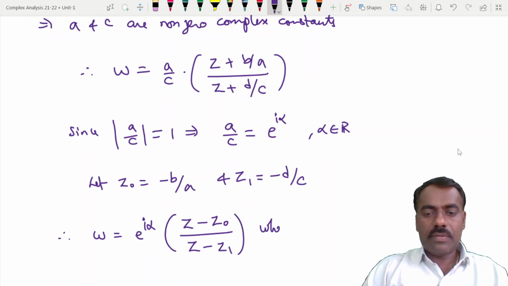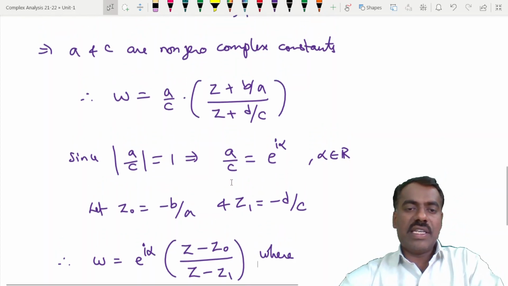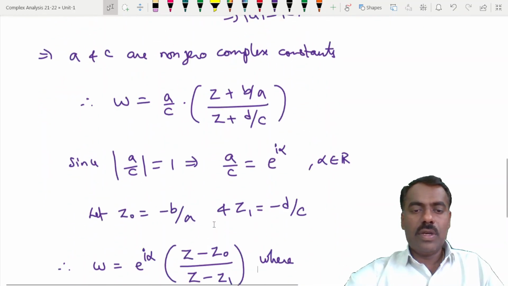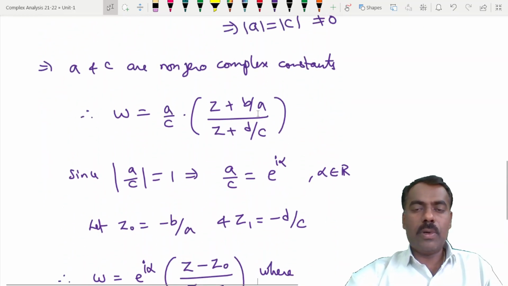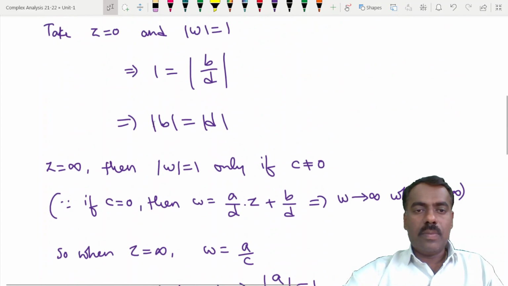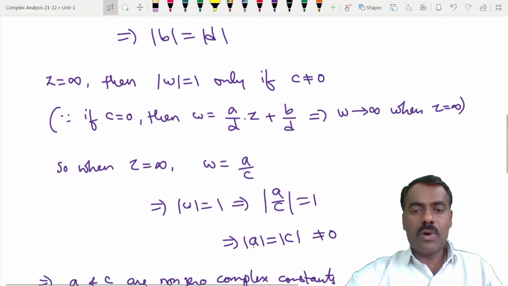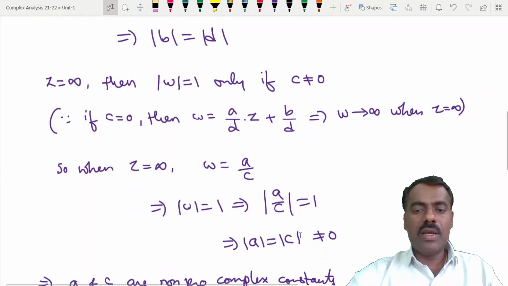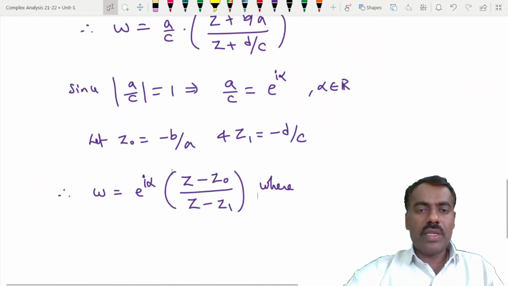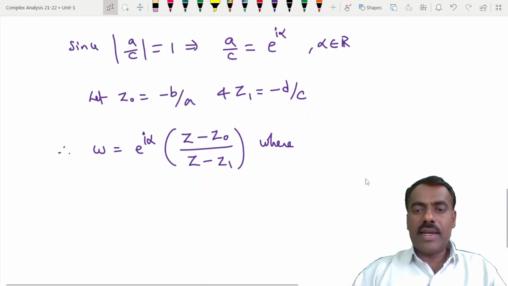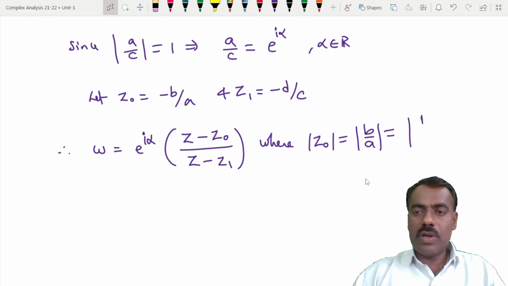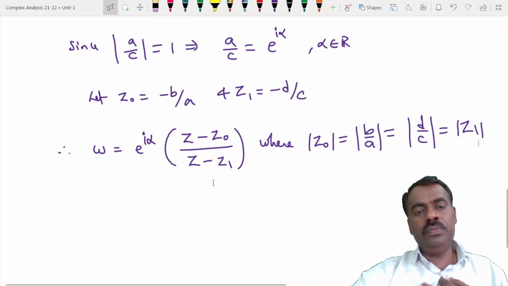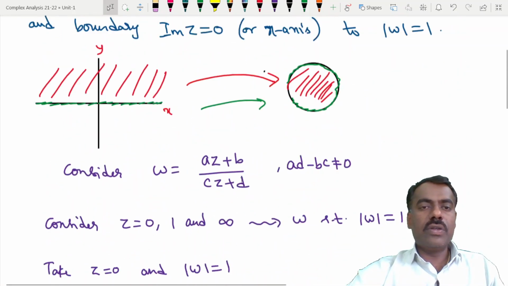What do we know about this Z naught and Z1? What can you say about mod B upon mod A? Here mod B is equal to mod D and mod A is equal to mod C. So mod B upon mod A is the same as mod D upon mod C. So mod Z naught, which is nothing but mod B by A, is the same as mod D by C, which is the same as mod Z1.